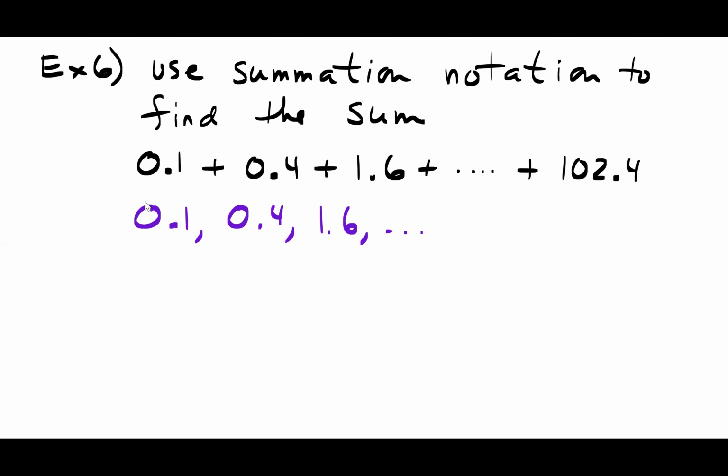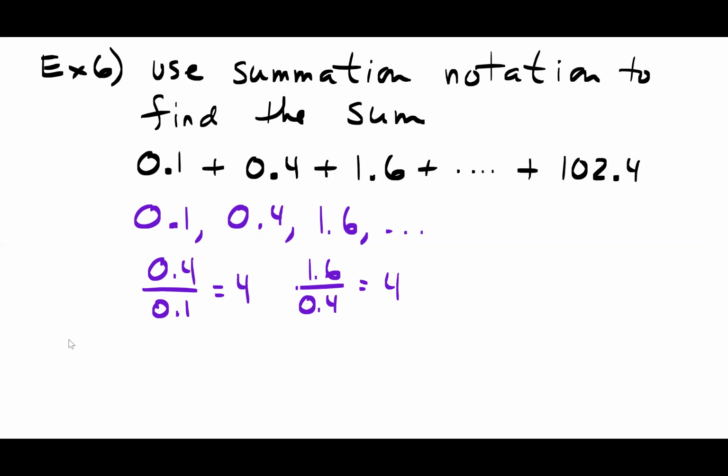So this is my first term. First term is 0.1. I already know that. What's my ratio? My ratio is the second term divided by the first term. That gets me a 4. Just to test it out, it'll be the third term divided by the second term. Punch that into your calculator, and you should get a 4. And voila, we got ourselves a geometric sequence with an R value of 4.